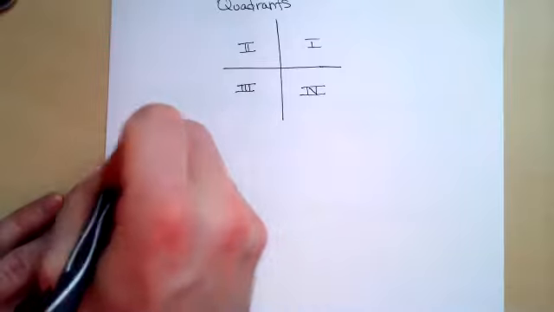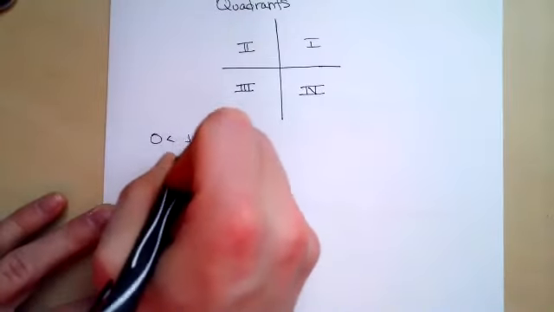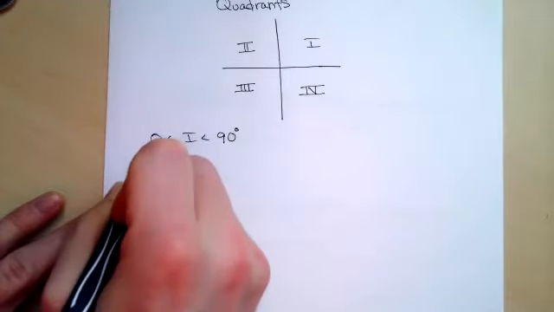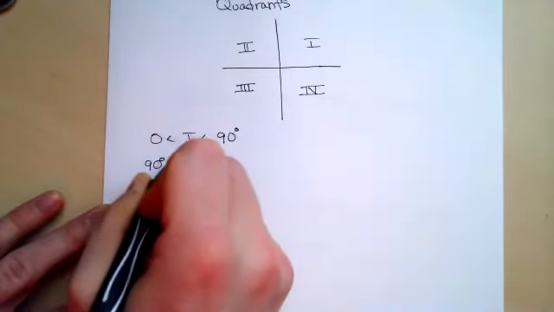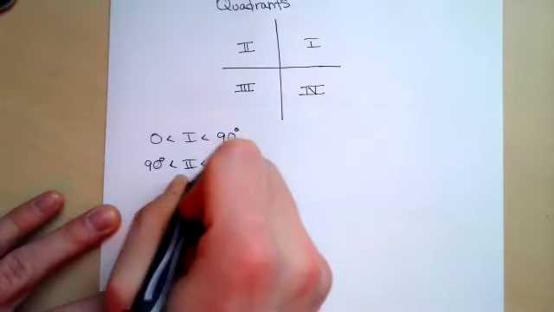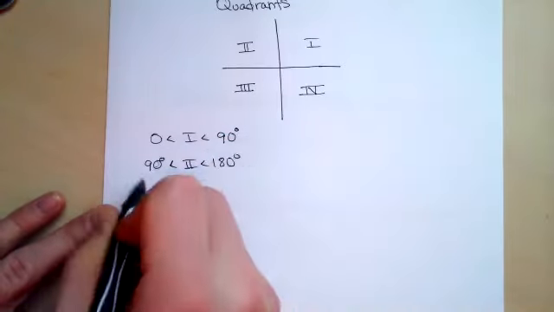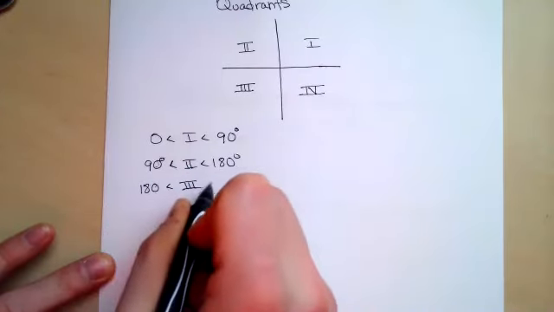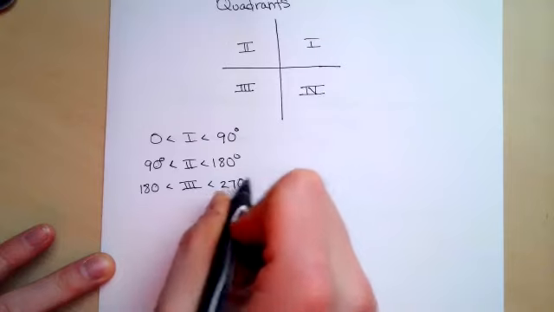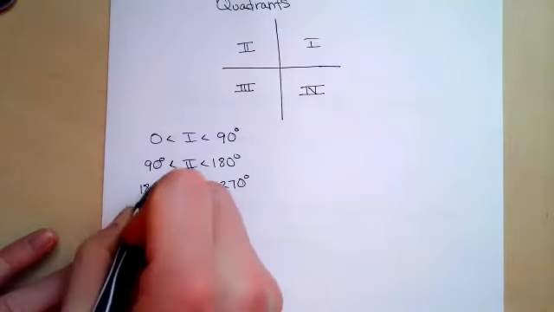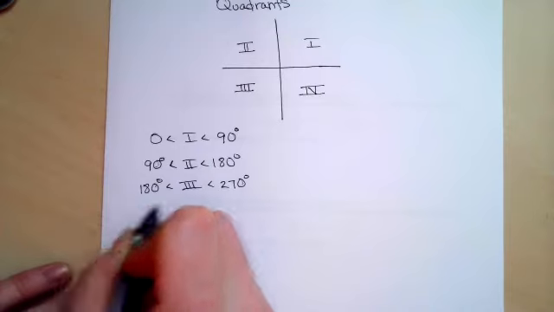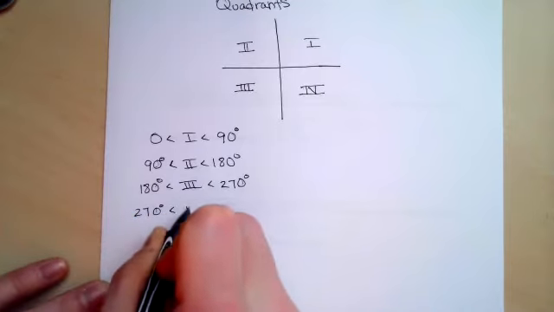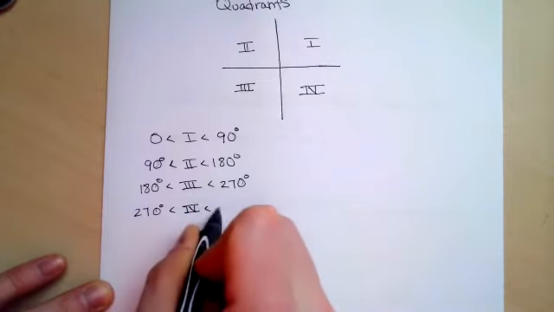Quadrant 1, between 0 and 90 degrees. 90 to 180, quadrant 2. 180 to 270, quadrant 3. And then quadrant 4, 270 to 360.